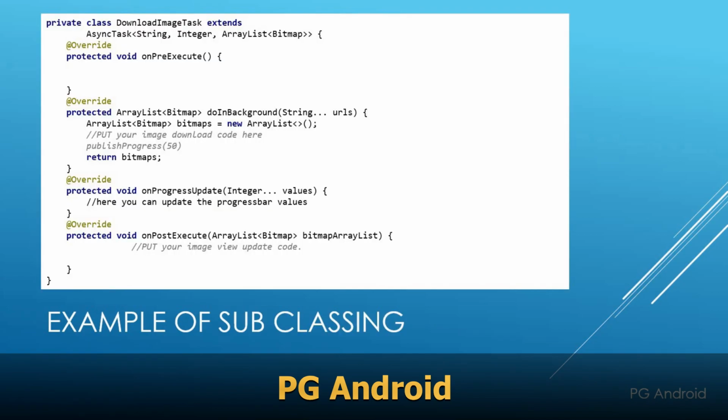Example of subclassing. As you see the basic structure of an AsyncTask class, in that we have overridden all the basic callback methods. On the next slide, we will see the implementation code of downloading an image and updating the UI in the UI thread.